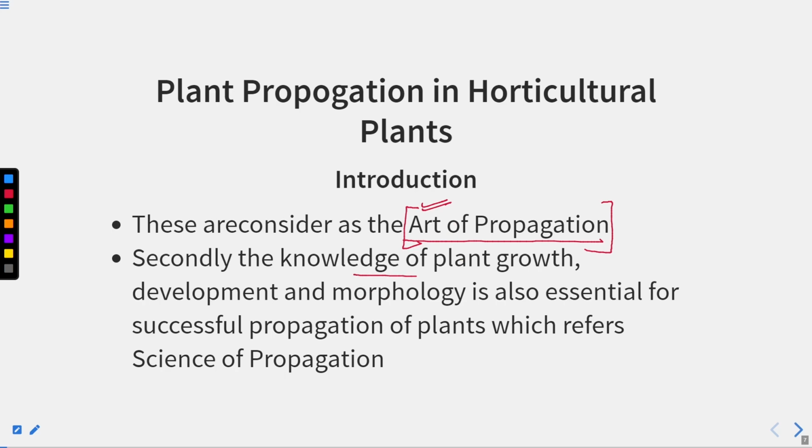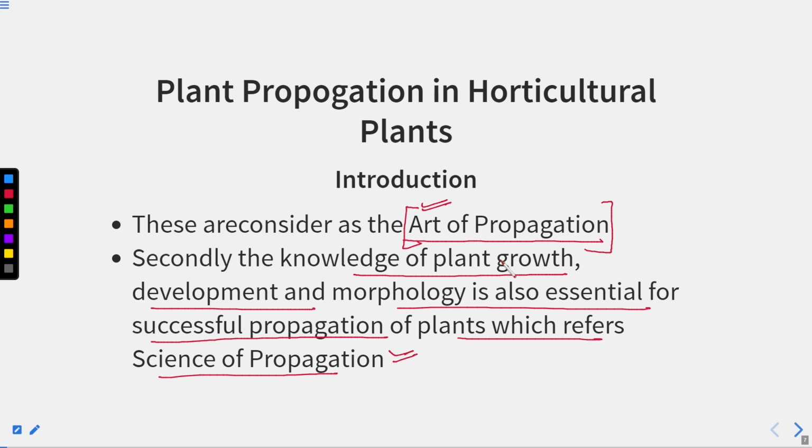Secondly, the knowledge of plant growth, development and morphology is also essential for successful propagation of plants, which refers to the science of propagation, right? So one must have the knowledge of plant growth, how the growth of the plant occurs, how the development of roots or shoots occurs, right?